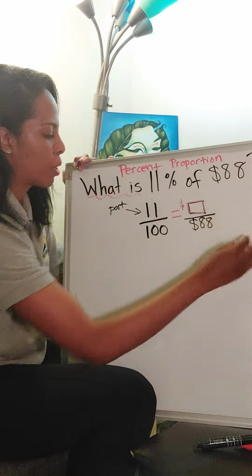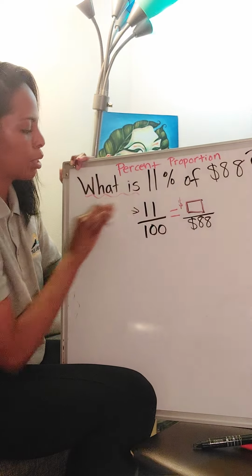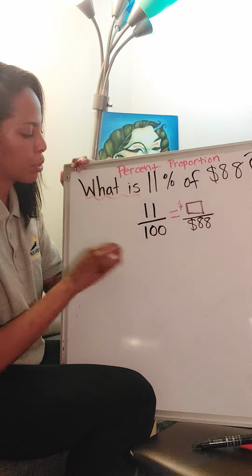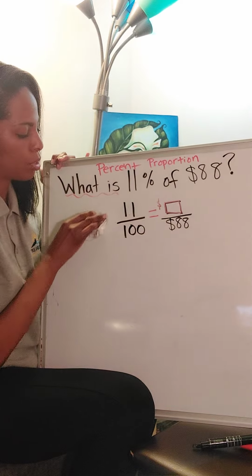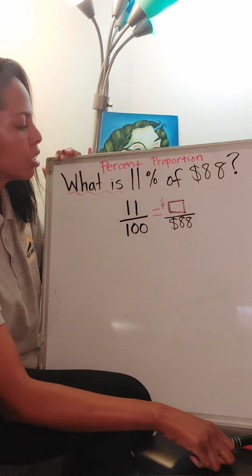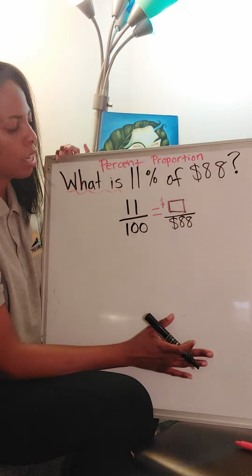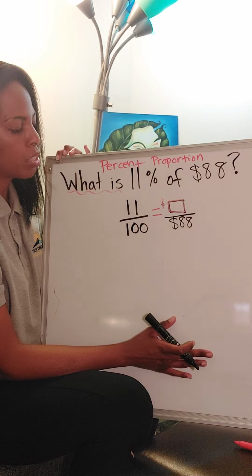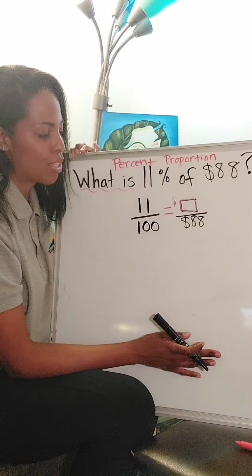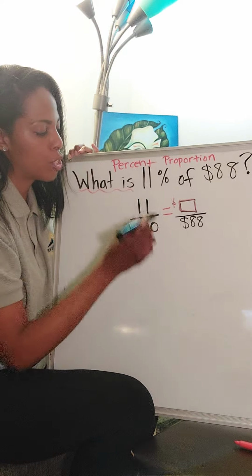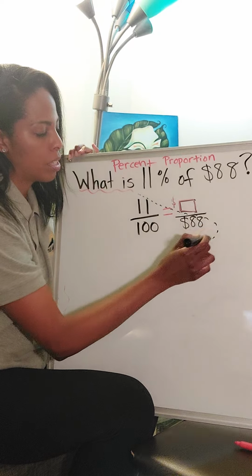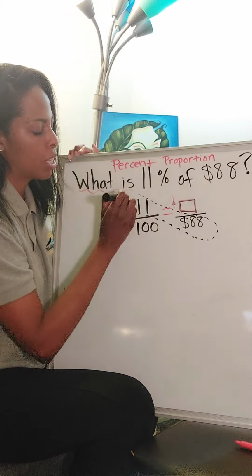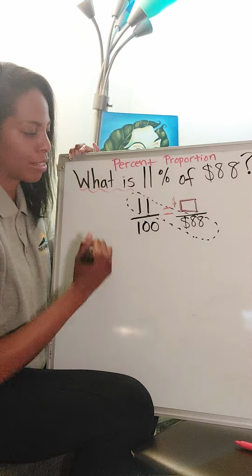So essentially the problem is we're comparing 11% to an amount out of 88 total dollars. So again, in class, the JNLA student saw her teacher cross multiply, which means we take these two numbers and multiply them together.